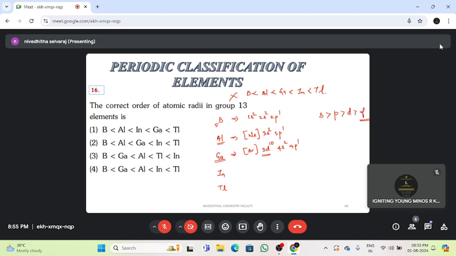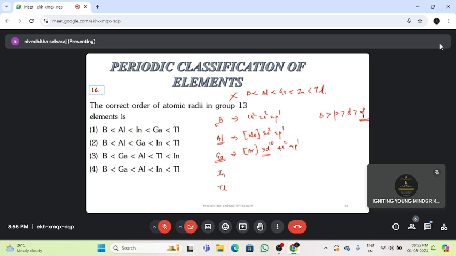Here the inner electrons are d electrons. These d electrons cannot shield the nucleus as perfectly as s electrons and p electrons do. So gallium's nucleus relatively gets exposed, and this nucleus will attract the fourth shell towards itself. So the radius of gallium will be a little lesser than aluminium.